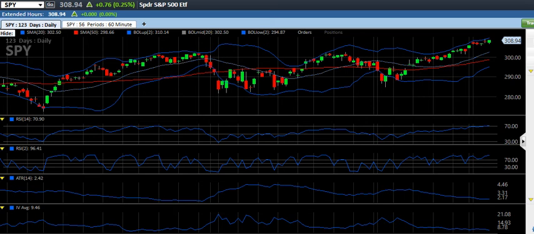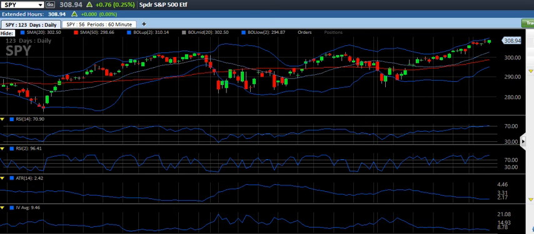So, in essence, as we look here, you can see the market price. Again, this is a daily chart, so it shows you the prices of the S&P 500 over the last 123 days. Now you can see those little candles there. Every red candle was a down day. All the green candles are up days.